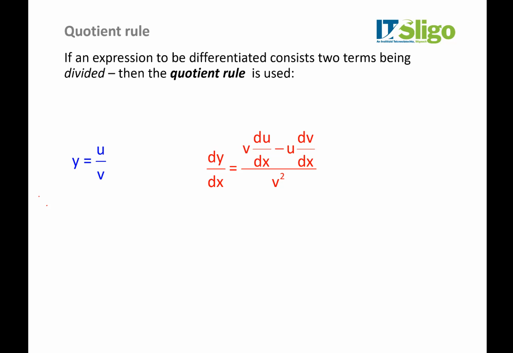But it's the same process. We identify u, we identify v, we differentiate u, we differentiate v. And they're the 4 building blocks then of the quotient rule. So it's really a case of identifying u and v, differentiating them, and then slotting your answers into the correct part of the rule. And this rule again would be available in any formula tables.